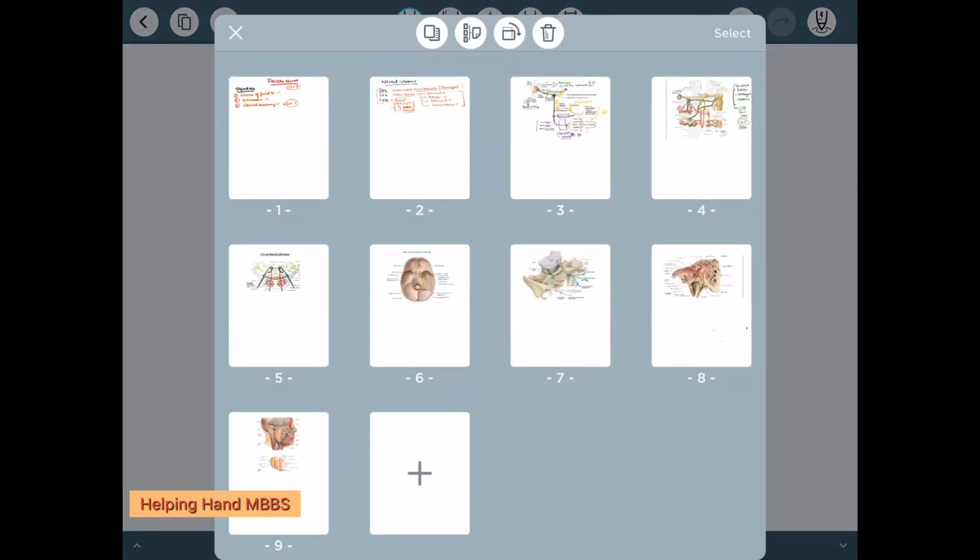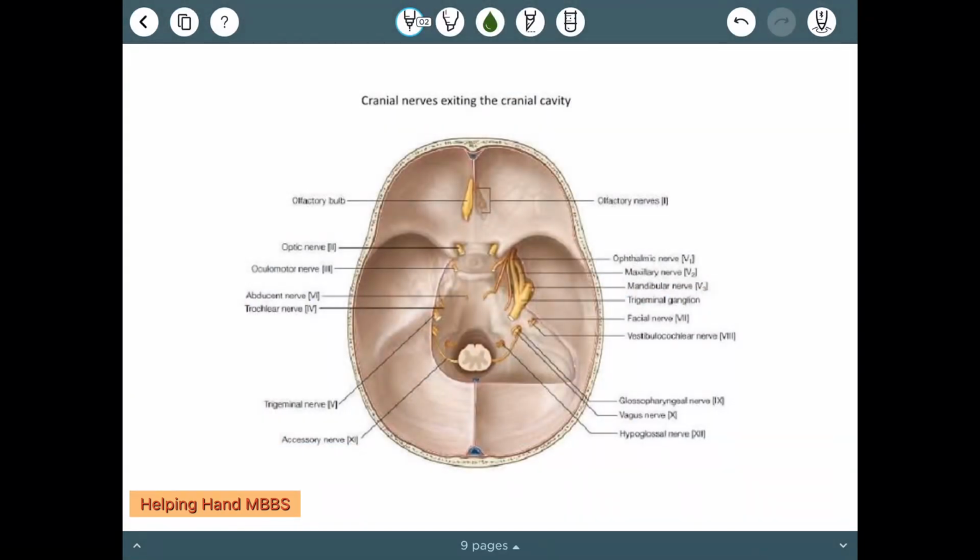So let us study further. Here we can see this is the view from the upper part of the skull. If I remove the skull cap and see inside and remove the brain also, you can see here that this is our pons part, and it gives a branch called the facial nerve, which like this goes to this foramen.